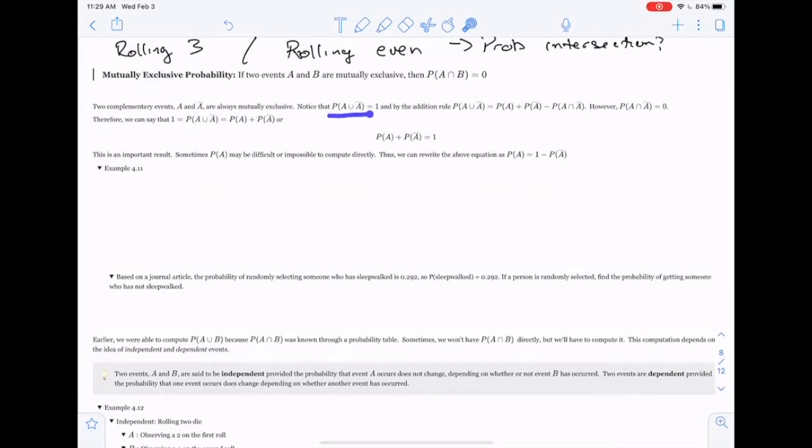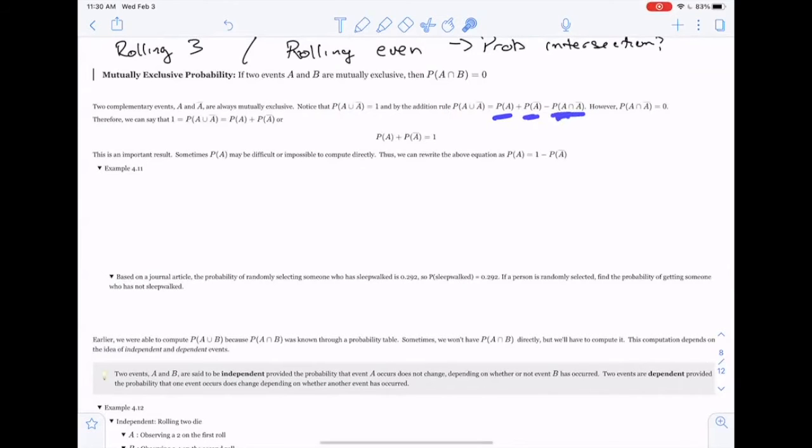But one thing we should notice is that if I look at the probability that A or its complement occurs, if I look at the union, that thing has to be 1. Either A occurs or it doesn't occur. So that union has to be equal to 1. But we can use the addition rule to say that the probability of A union A complement has to be the probability of A plus the probability of A complement minus the probability of their intersection.